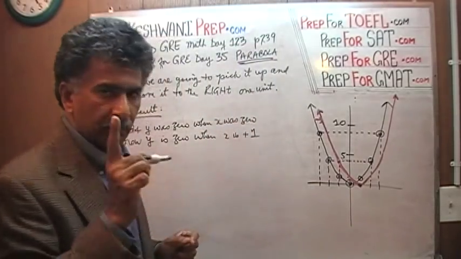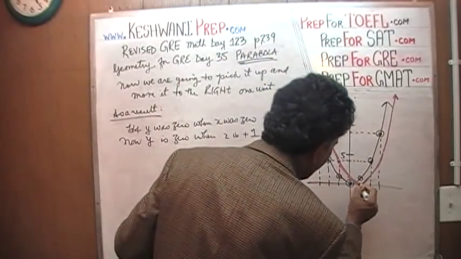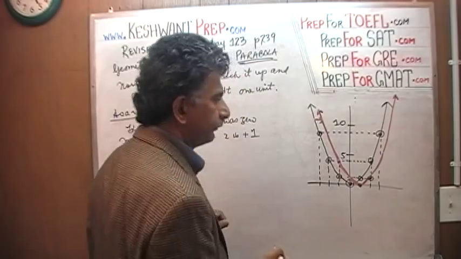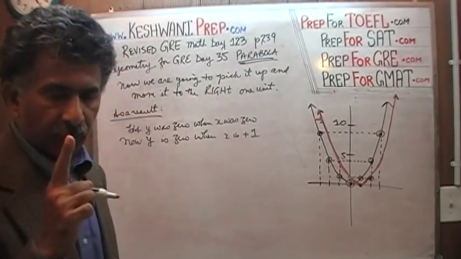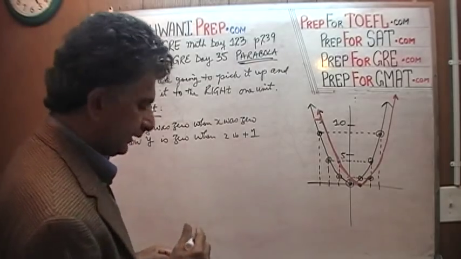Before, y was 1 when x was 1. Now y is going to be 1 when x is 2. Before, y was 4 when x was 2. Let's write that down here.